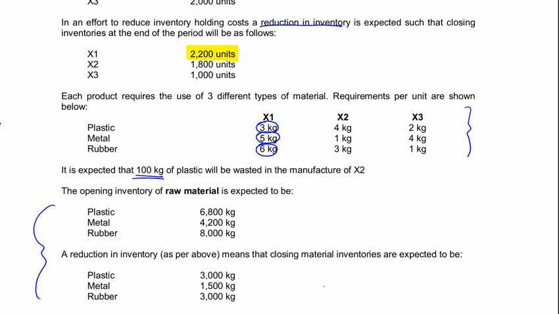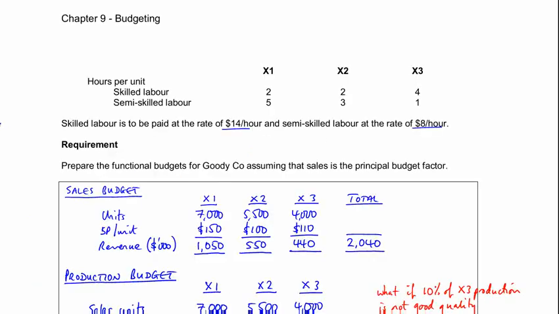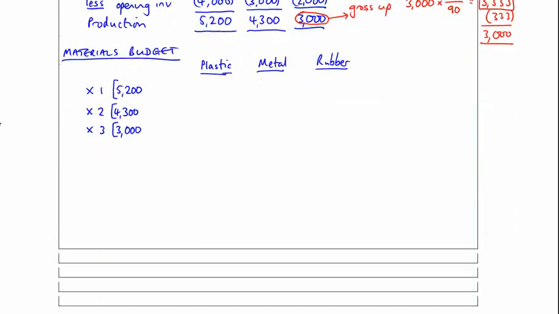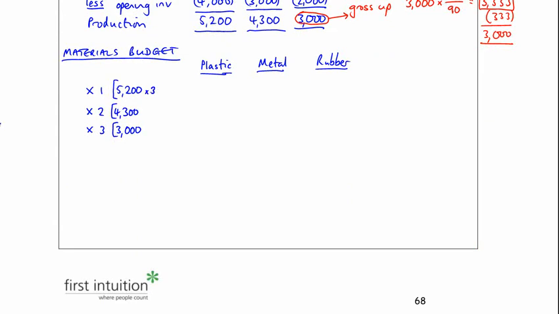Okay, so we need to multiply the number of units produced by those quantities, 3, 5 and 6. So 5,200 times by 3, 5 and then 6 kilograms across the columns, which gives us 15,600 kilograms of plastic, being 5,200 times 3. 5,200 times 5 is 26,000 kilograms of metal, and then 31,200 kilograms of rubber.